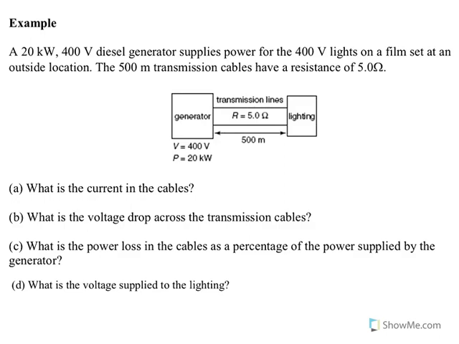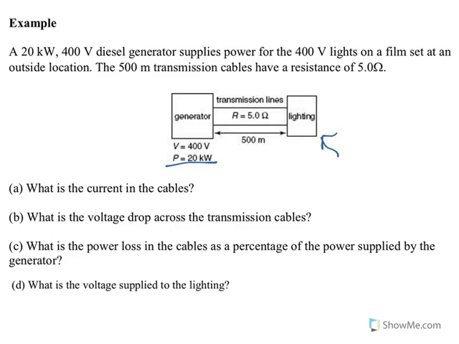So in this example, we've got a generator that generates 400 volts, 20 kilowatts. We've got some transmission lines at 500 metres long, total resistance of 5 ohms, and then we've got our lighting. First question asks, what's the current in the cables?